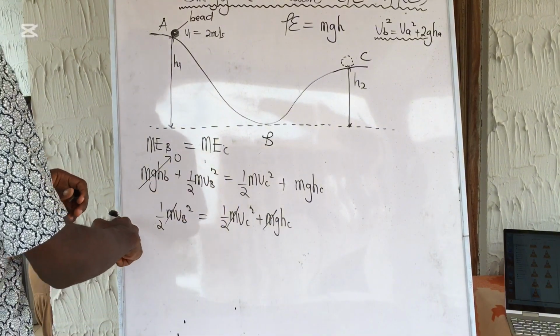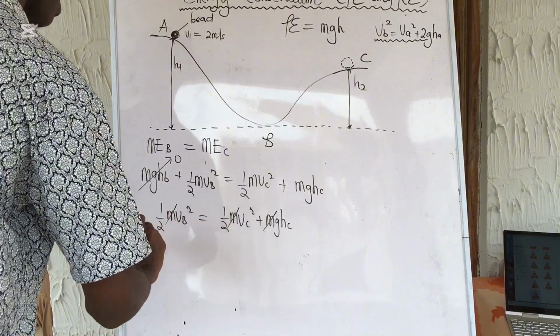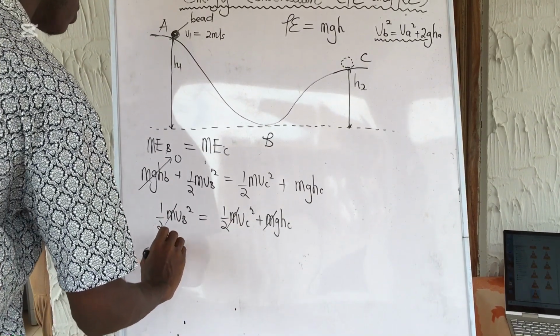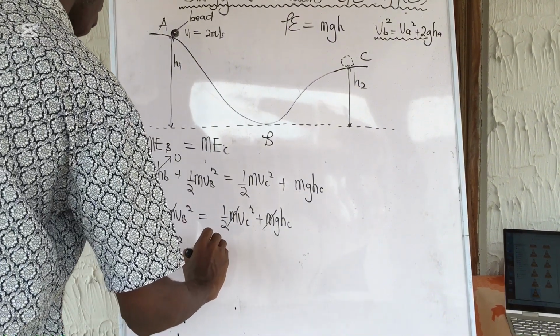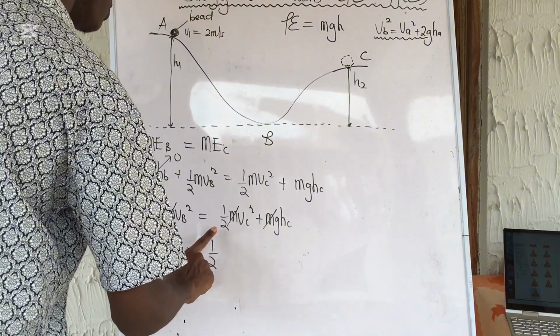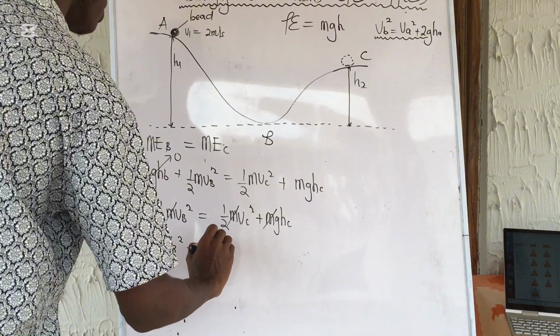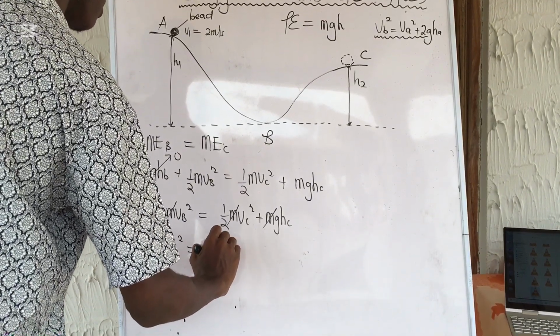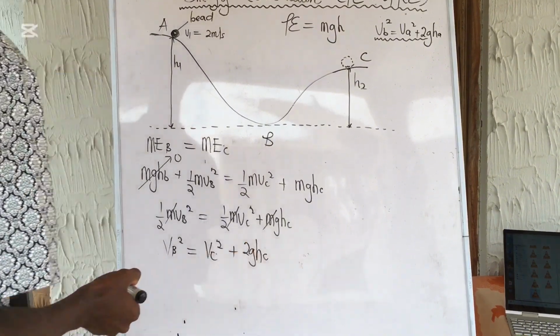And we can also multiply through by 2. Multiplying through by 2, half times 2 will give you 1. So vb square is equal to, the half also cancels out, so now we have vc square plus 2jh at point C.